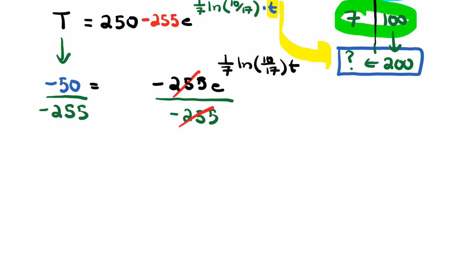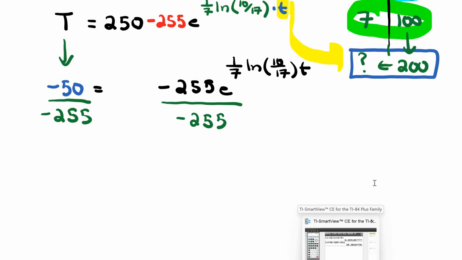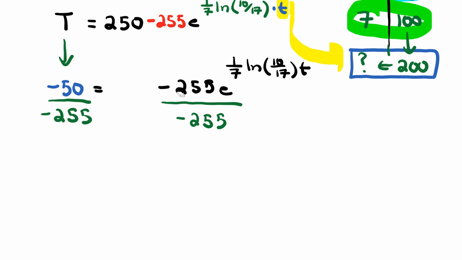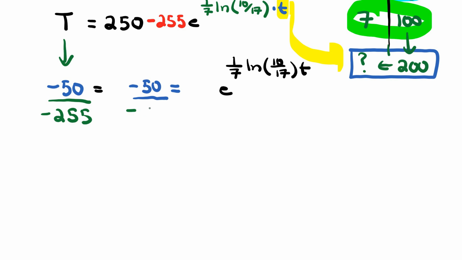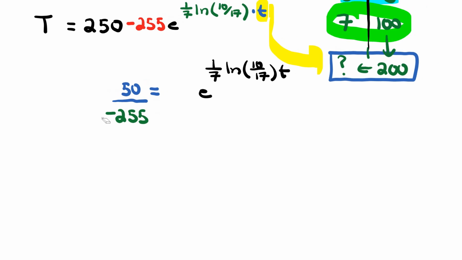Mathematically this and this cancel off. I'll erase all that. Put an equal sign here, and this will be negative 50 over negative 255. I'll erase all that. And then that becomes positive.